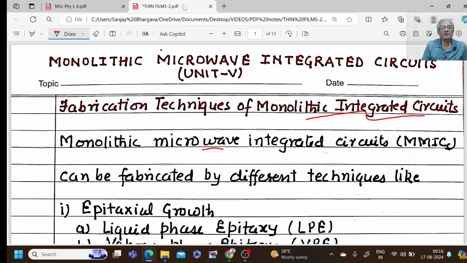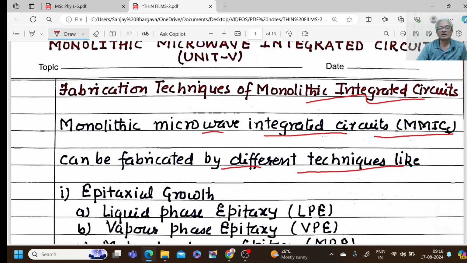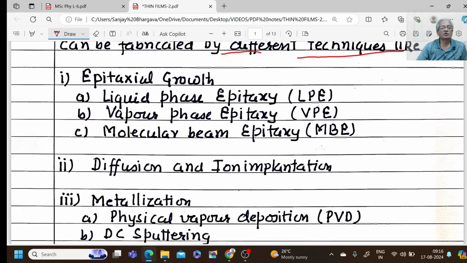Monolithic microwave integrated circuits, MMICs, can be fabricated by following different techniques like epitaxial growth, through the process of liquid phase epitaxy, vapor phase epitaxy and molecular beam epitaxy.